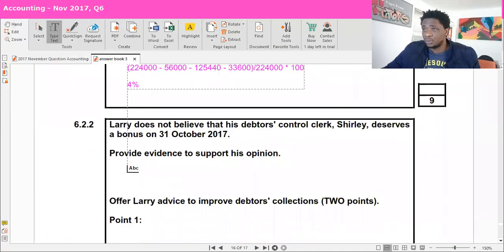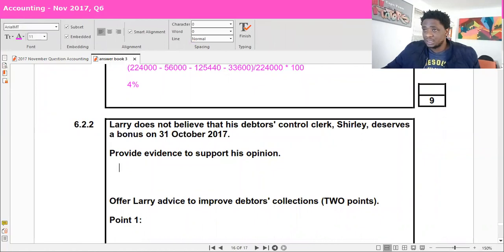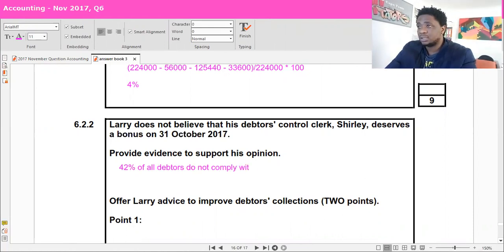So for the first point, to provide evidence, we'll say 42% of all debtors do not comply with the credit policy.